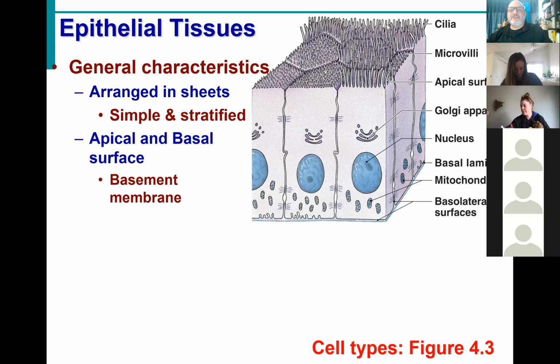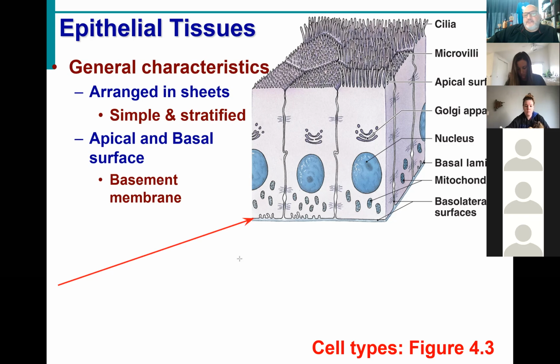What that means on the exam is I will have an arrow pointing like this to the bottom of an epithelial tissue, and there will be two questions I can ask you. I could ask you to identify the surface, and of course, what would your answer to that be? Basal surface, excellent. Or I could ask you to identify the extracellular material found in this location.